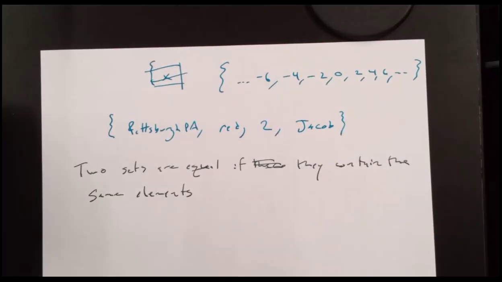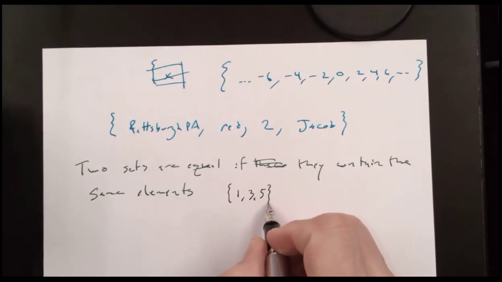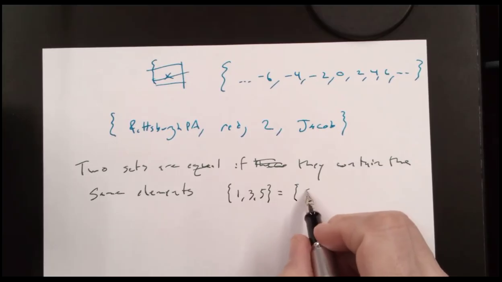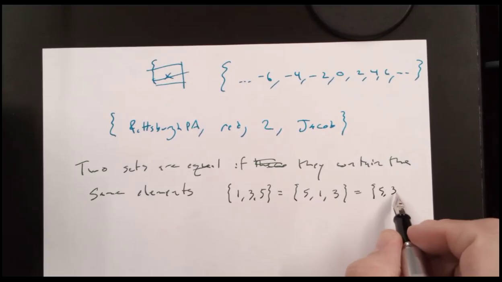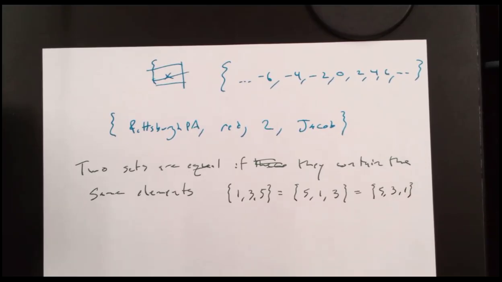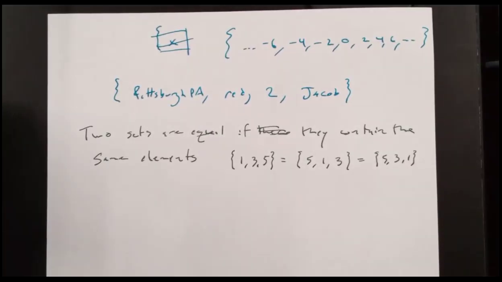But because a set is unordered, all of those are the same. A set also doesn't distinguish between things in it.